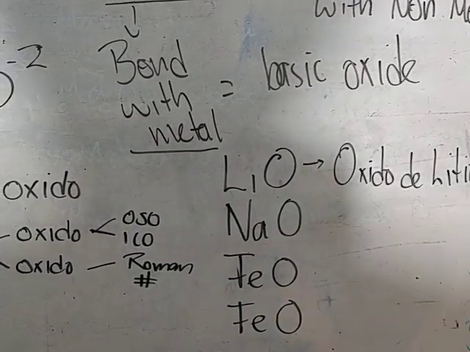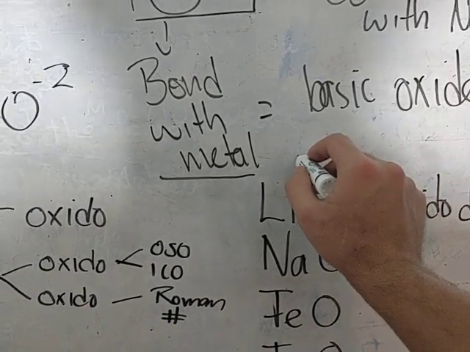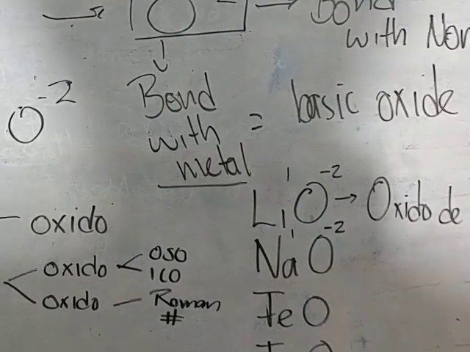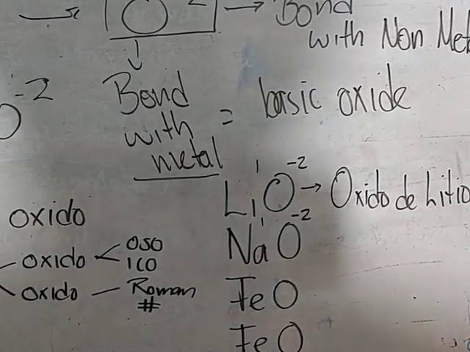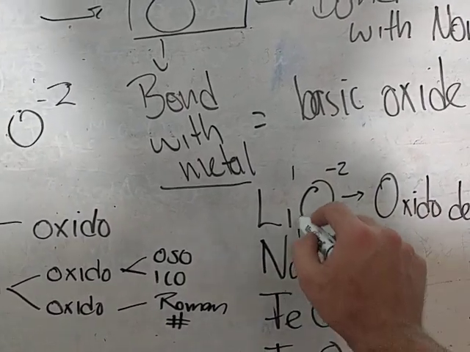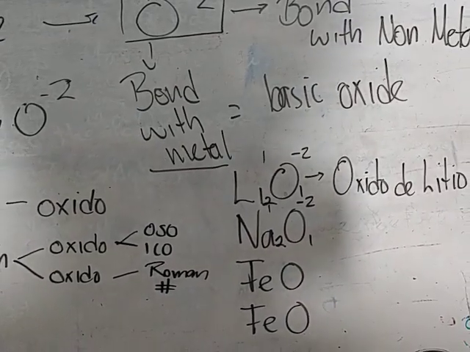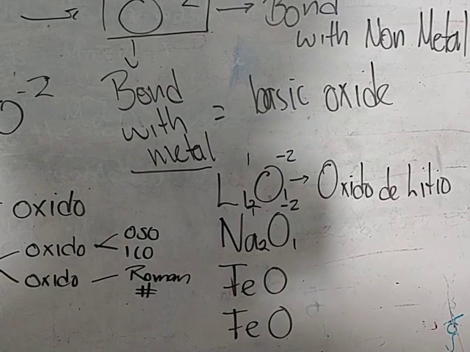They all work with this one with -2 and this one with +1. They are not balanced. They need something to be balanced. So, to be in the same situation, I have two particles of lithium and two particles of sodium.